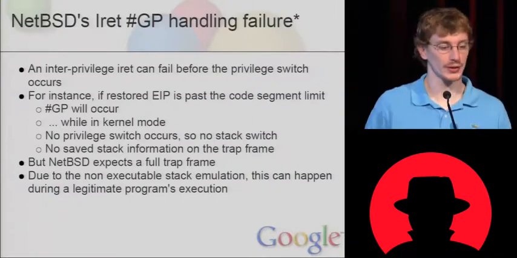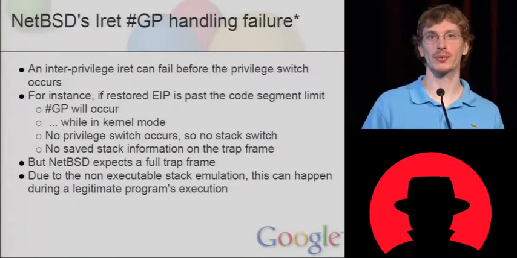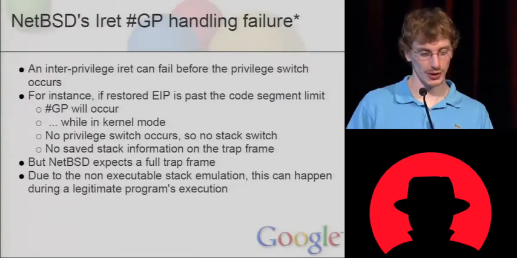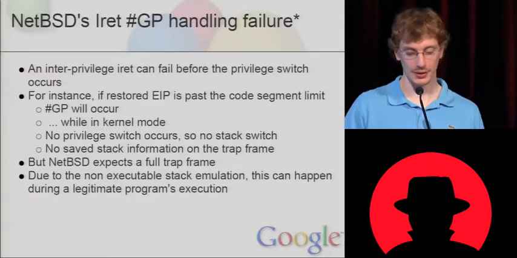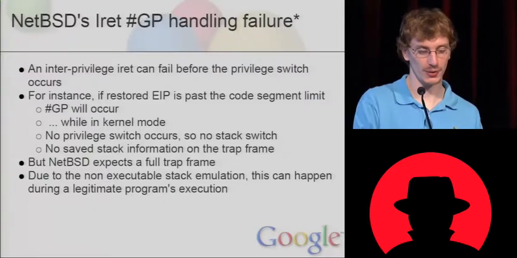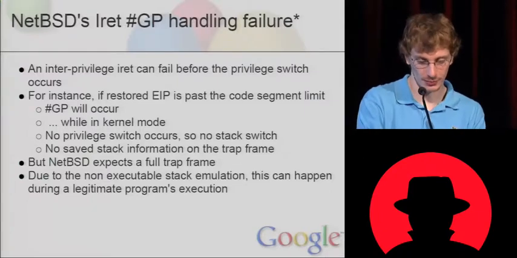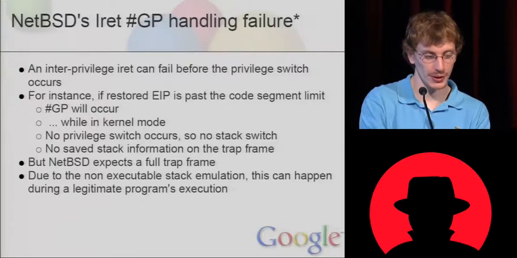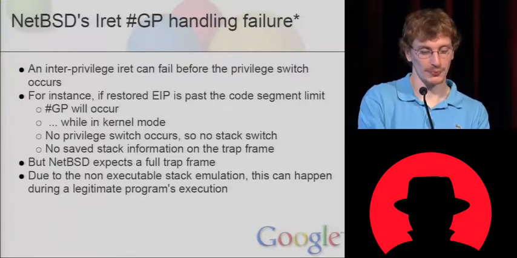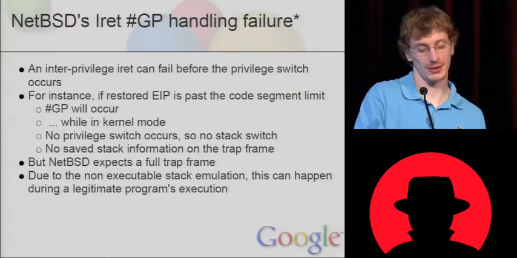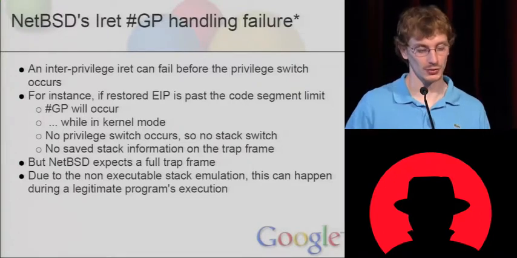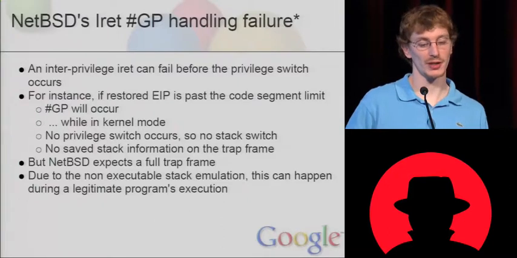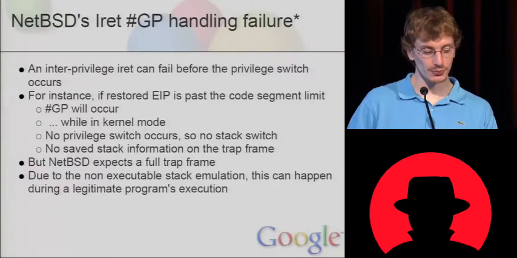So this bug is in NetBSD. It's the only NetBSD bug we are talking about today, but we really love this bug. Actually, investigating this bug took me more time than a lot of other bugs we're talking about today. It was really nice. So we found out, well, it's documented in the Intel manuals, but it's not very easy to find, that an inter-privilege IRET can fail before the privilege switch occurs.